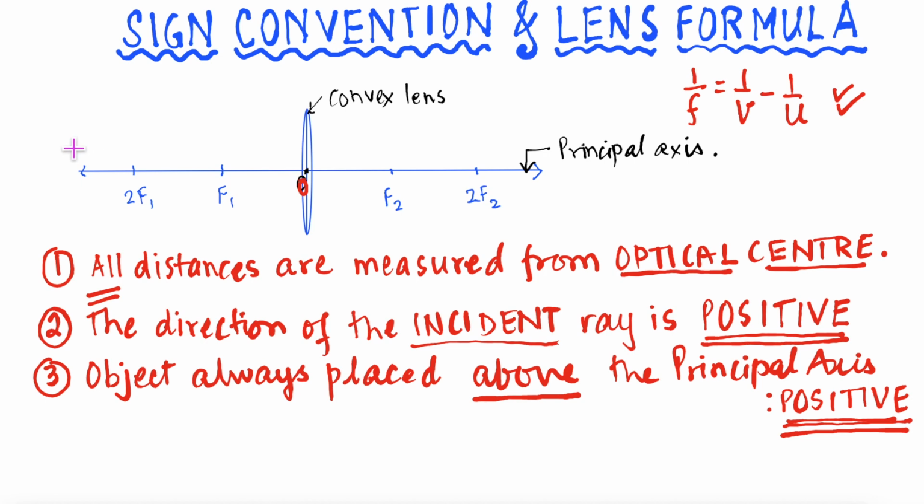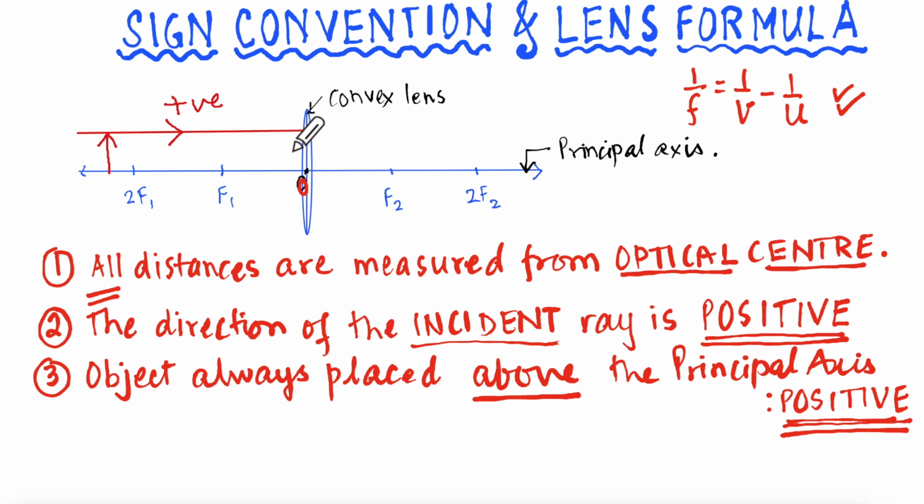So if the object is here, this is our incident ray. Now the direction of the incident ray will be positive, which means the image which is formed here, if the image is on the right, its distance is going to be positive. But where will we keep the object? The object will be here, correct?